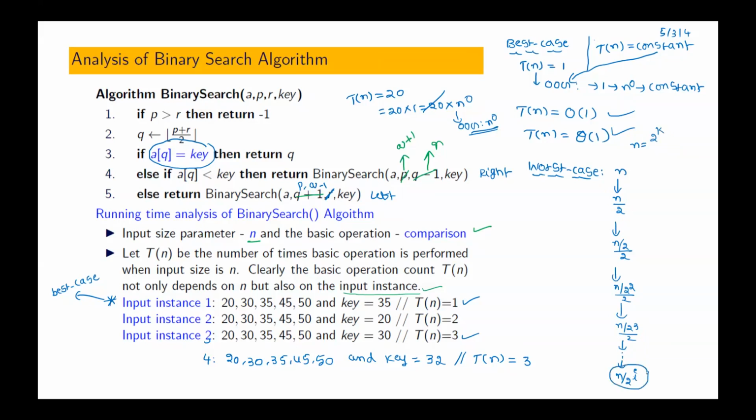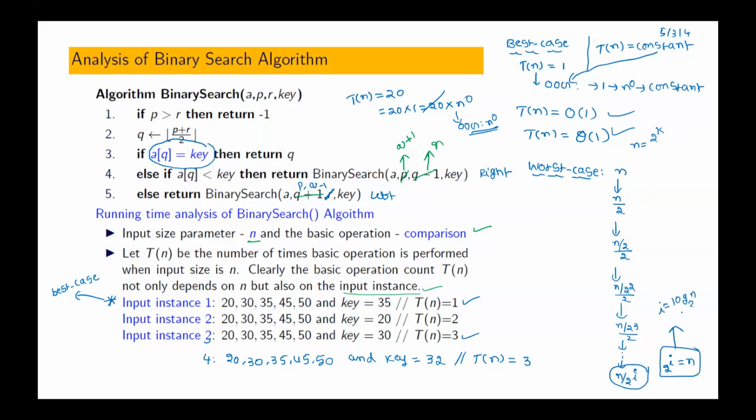When 2 power i equals n, it becomes 1, or not? n by n. So 2 power i equal to n means what is the value of i? Equal to k.